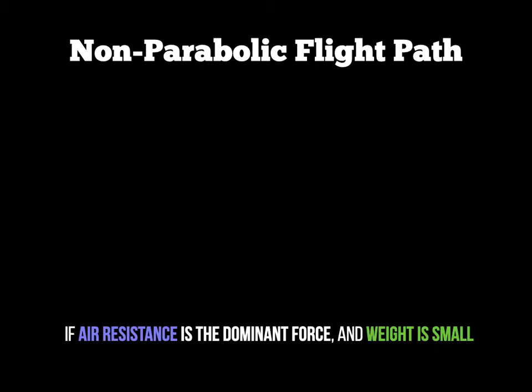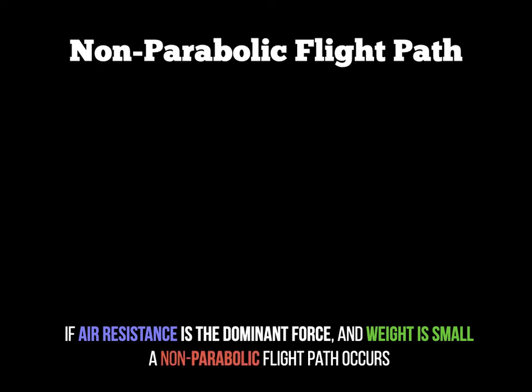A non-parabolic flight path is the exact opposite. This time, if air resistance is the dominant force, so there's a high amount of air resistance on the object that you throw, and the object isn't that heavy, say compared to a shot put, it might be a little bit lighter, then we get a non-parabolic flight path.